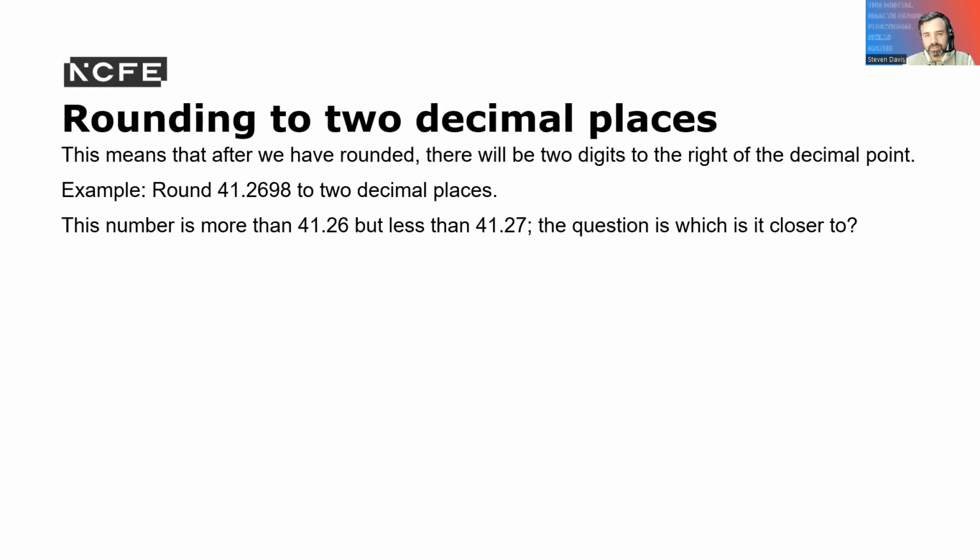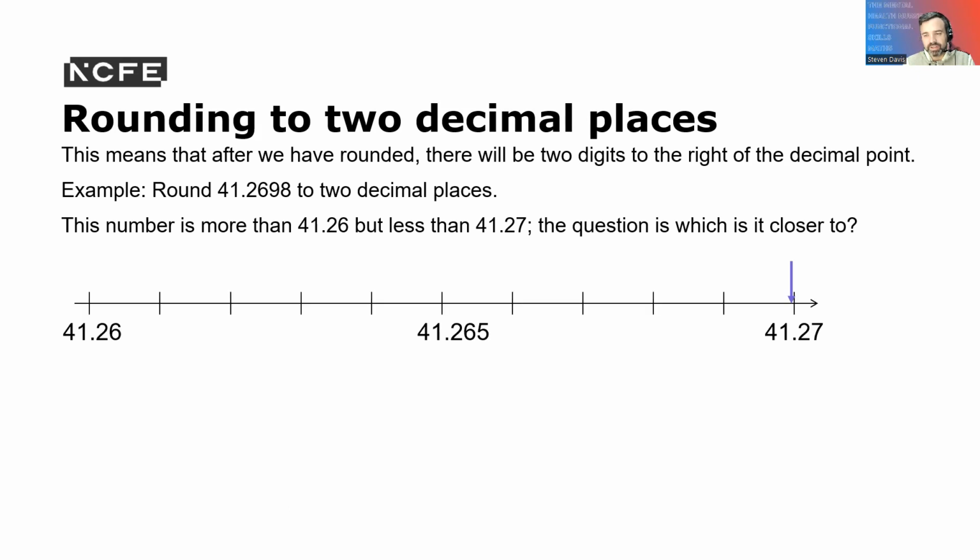So rounding to 2 decimal places. This means that after we have rounded, there will be 2 digits on the right of the decimal point. For example, round 41.2698 to 2 decimal places. The number is more than 41.26, but less than 41.27. The question is, which is it closest to?